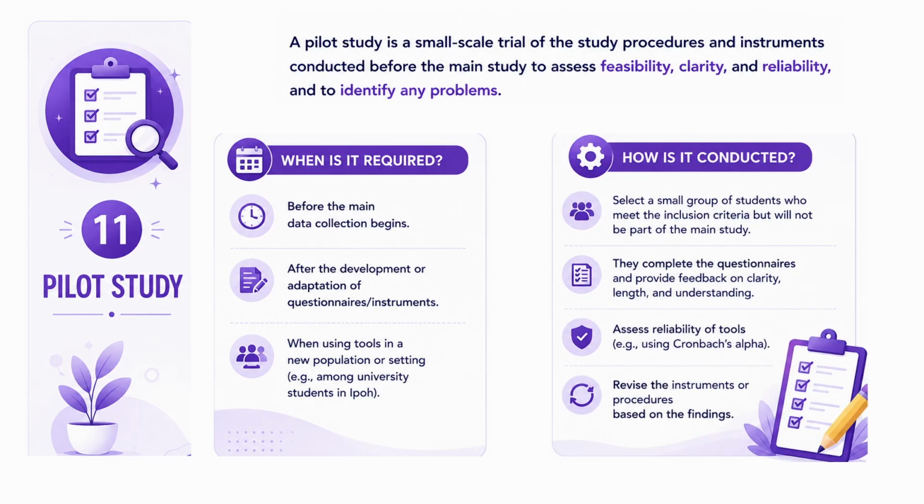Select a small group of students who meet the inclusion criteria but will not be a part of the main study. So you select a small group of people and conduct a pilot study. They complete the questionnaires and provide feedback on clarity, length, and understanding.